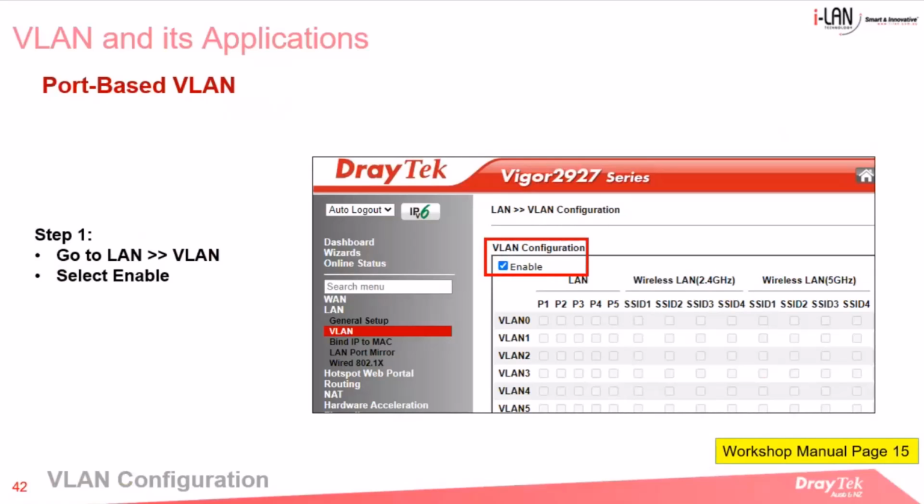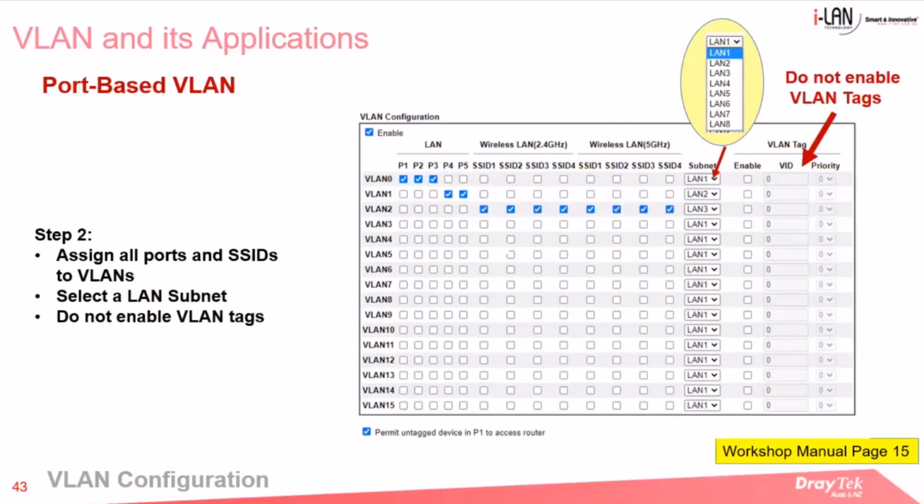Okay, all right. If we want to enable the VLAN, we go to LAN and then VLAN configuration and select enable. The next step is to assign all the ports and SSIDs to a VLAN. You can select a LAN subnet for each individual VLAN in the circle here. Make sure you assign all the LAN ports and SSIDs to a VLAN, because on some older firmware you need to do that to save the settings.